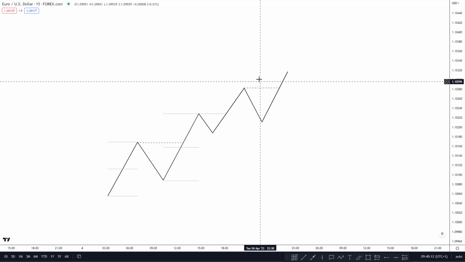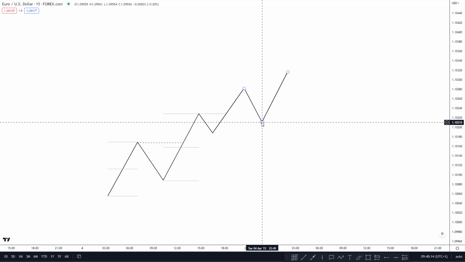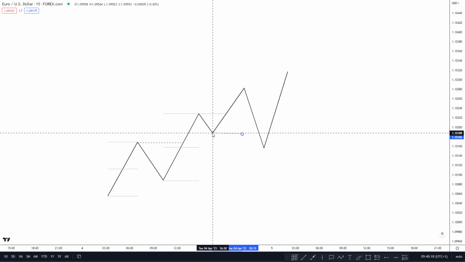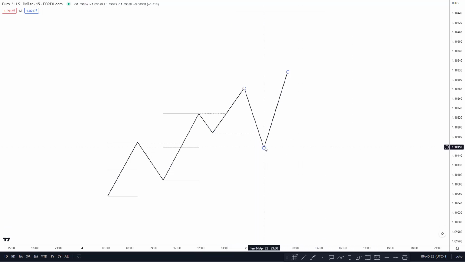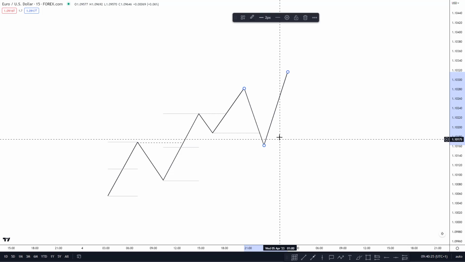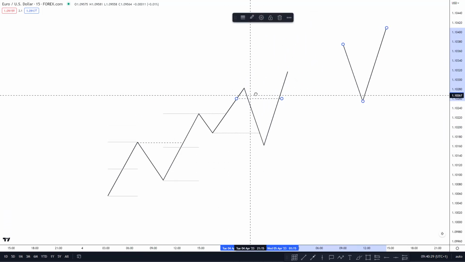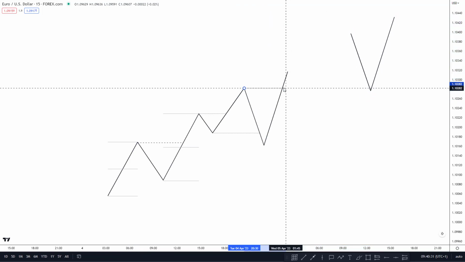Okay. Now if we did not do that and we broke this low, we would have a minor bearish break, but if we then went on to continue breaking the high, that would still be a re-establishment of order flow.